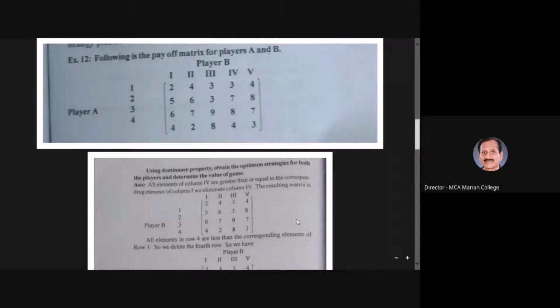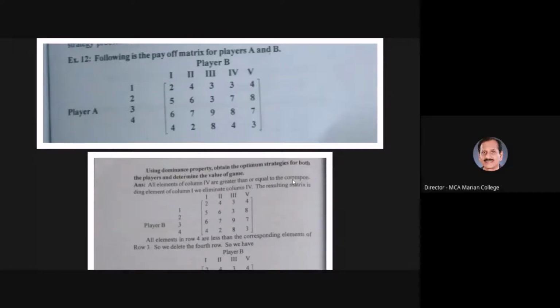Okay. So in that case, you can avoid column 4. When we are considering columns, the columns with the greater values, you can discard. So you can discard column 4 by using dominance property.